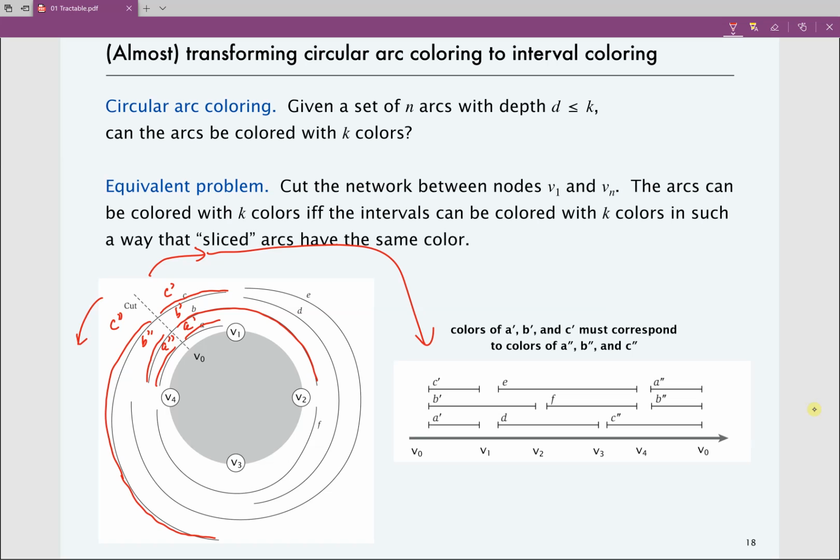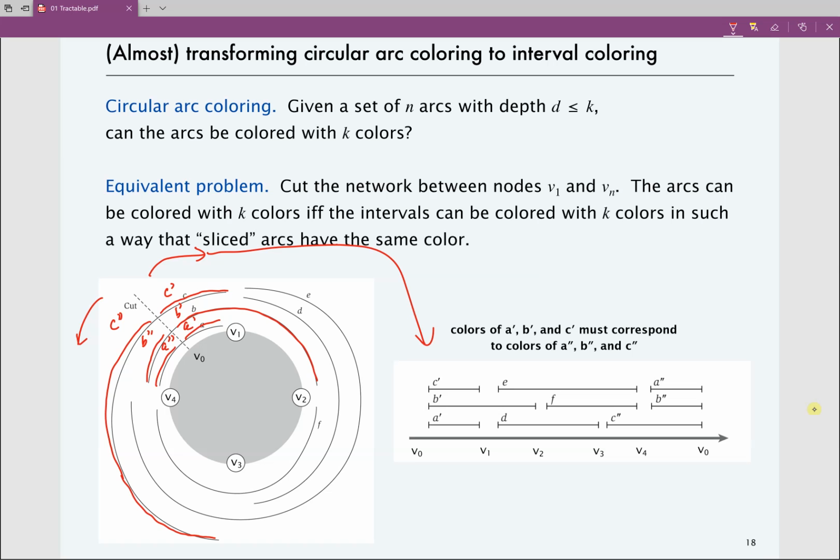Likewise, you have this B prime interval over here, and it's going to overlap with D and E. So we see this overlap between B prime and D and E. If you pull this apart, in the end, we have, for example, this C double prime here.